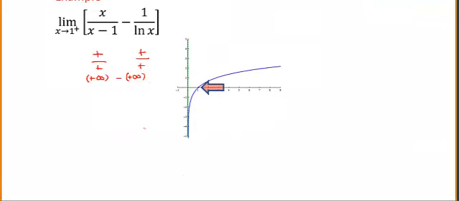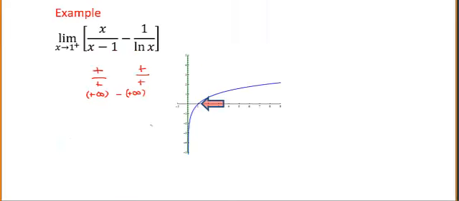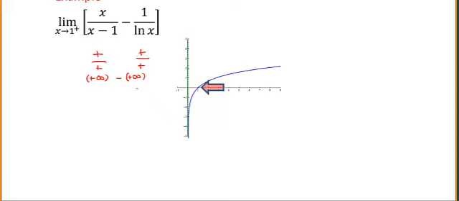Okay, how do we deal with this? One way we can deal with this is as follows. We can get a common denominator. I can multiply the first expression by the natural log of x over the natural log of x, and the second term by x minus 1 over x minus 1.